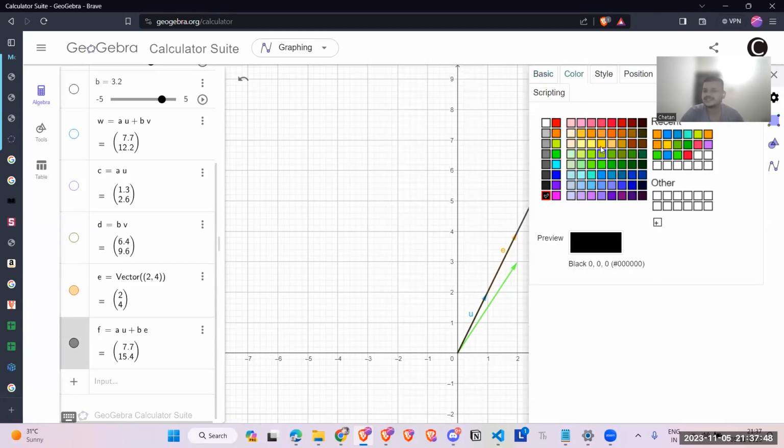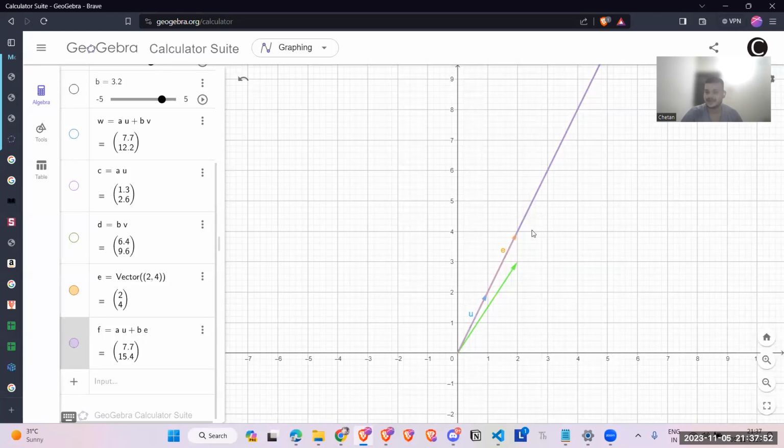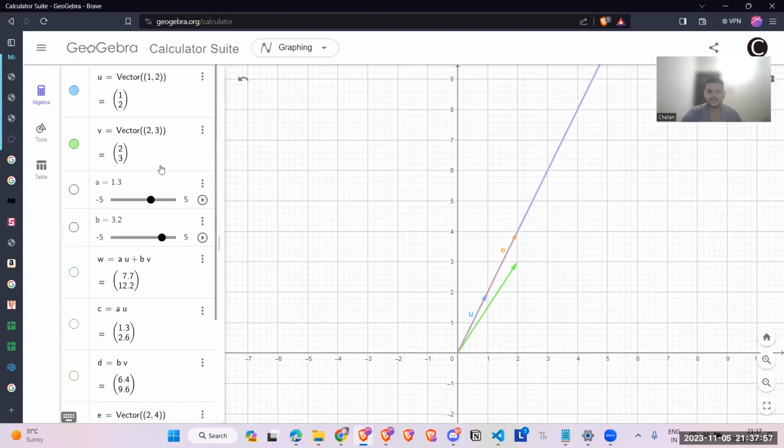That means I want to see the span of the linear combination of these two vectors. So let's vary our A and B and see what happens. What are we getting? Can anyone tell me what we are observing here? What is that interesting thing that we observe here?